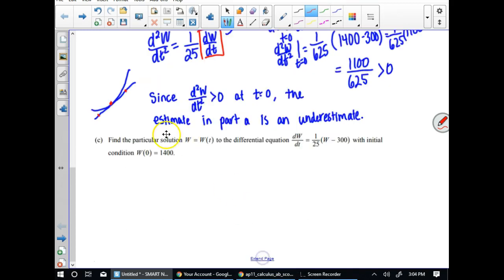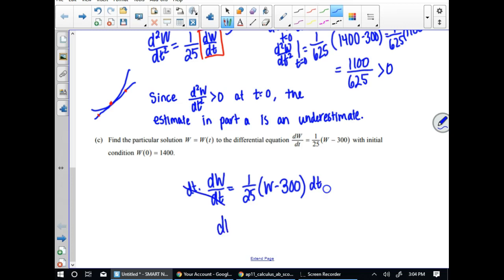Part C asks us to solve the differential equation. So if we're solving this differential equation, we need to get this solved for w. So we're going to have dw dt equals 1 over 25 times w minus 300. And here we need to multiply both sides by our dt.